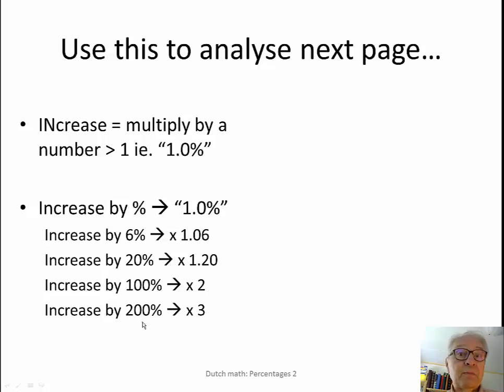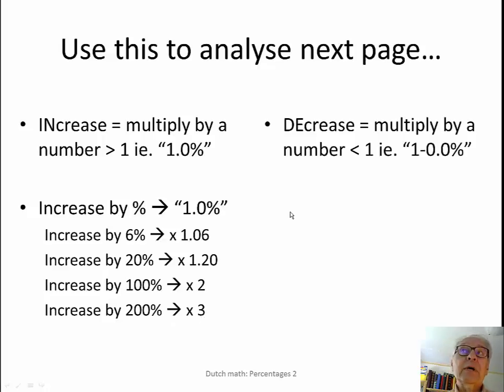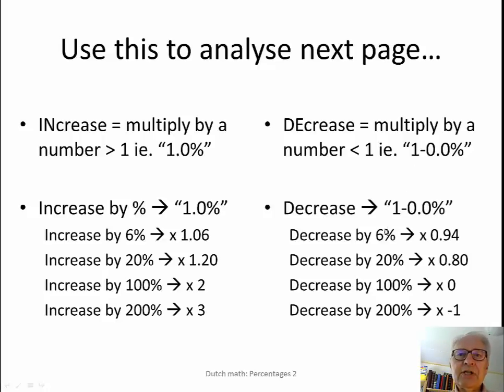Take note that 100% increase is the same as multiplying it by 2, and 200% by 3. Now, you can have the same kind of situation in a decrease. Here we write it a bit different, and you'll see why. We write it like this. A decrease of 6% is written as a multiplication by 0.94.